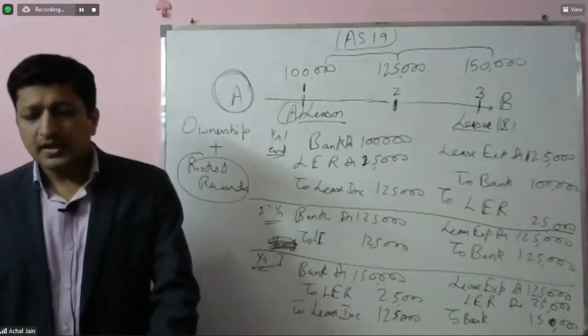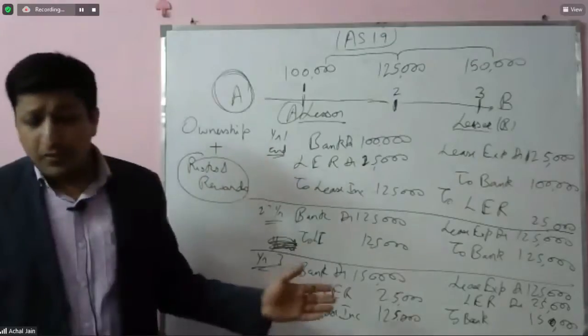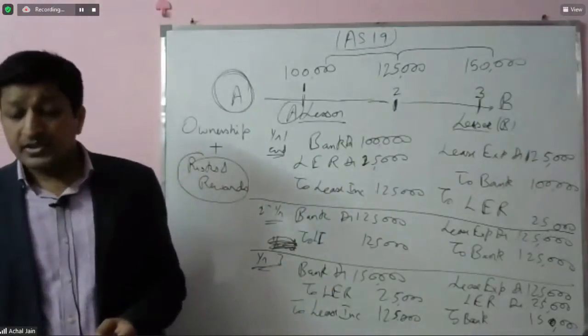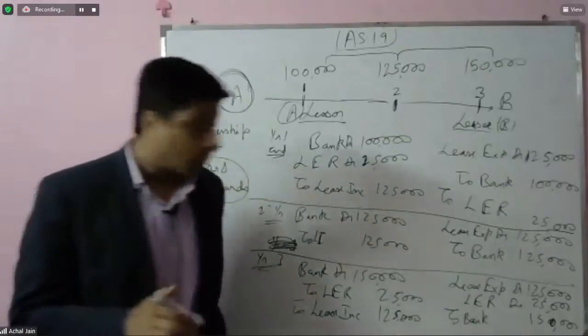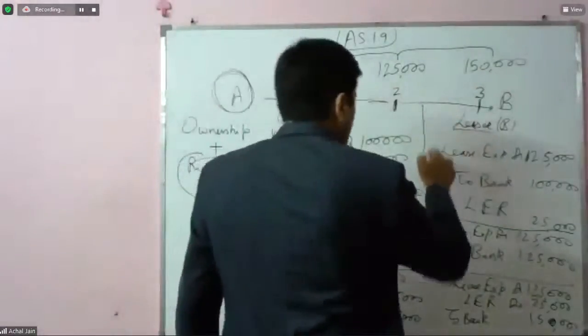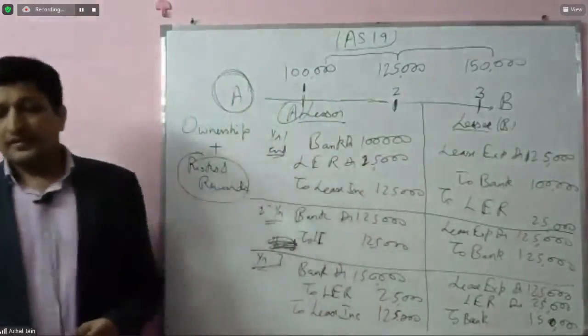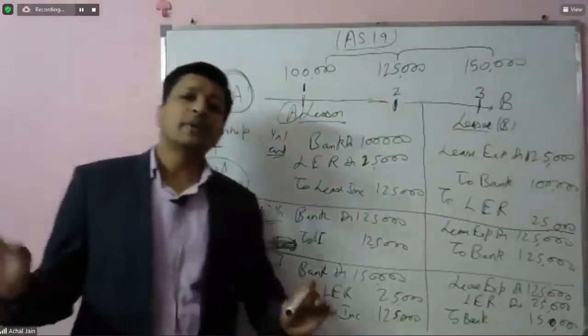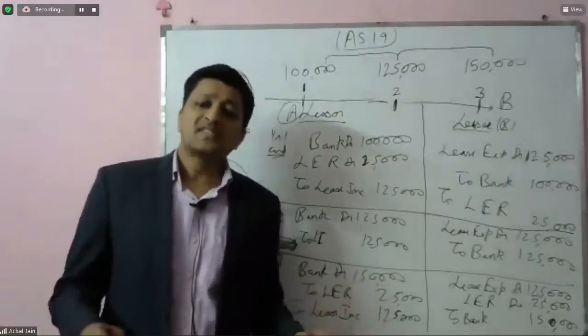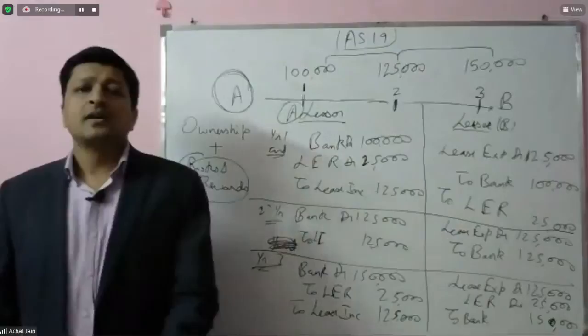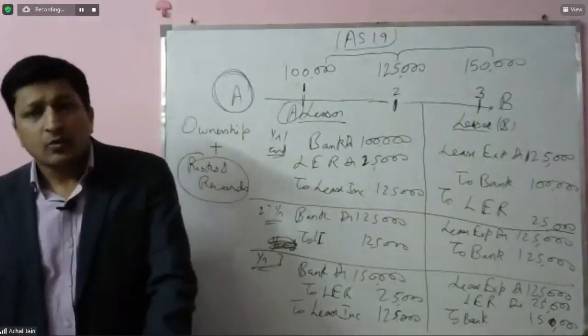Then Rama is asking, can we call this type of arrangement deferred lease rent instead of lease equalization reserve? No. There is no deferment that we have done. Please understand, this is not the deferment of lease. This is about adjustment of lease escalations while doing the accounting.